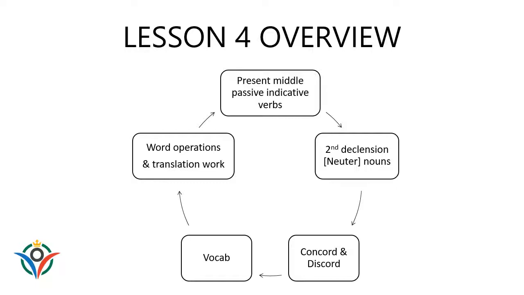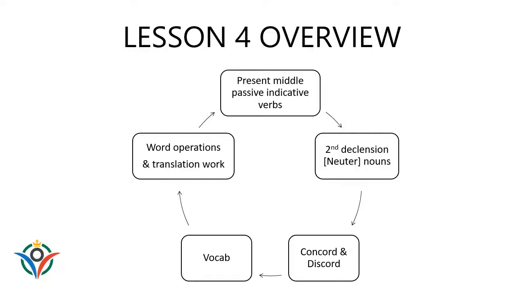We're looking at lesson 4 today, and on the screen before you now is an overview of the content for this lesson. So as you can see, we'll start with the present, middle, passive, indicative verb endings. Afterwards, we will move on to the second declension neuter nouns. Previously we looked at the second declension masculine nouns, and now we're doing the neuter genders.